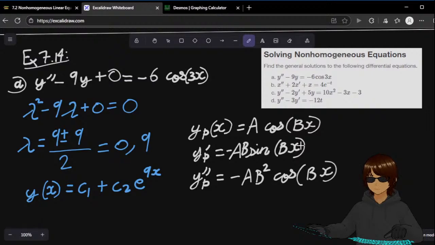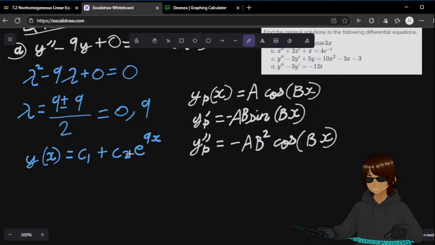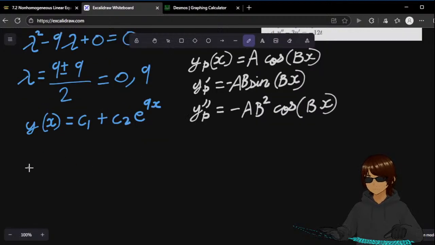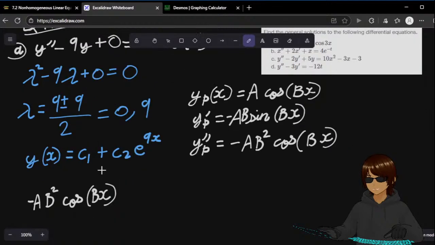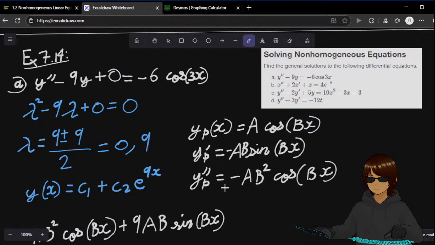Now what? Now, if we put this particular solution back into the equation, we have minus a b squared cos bx. This will become positive 9. And then we have, but the thing is yp is 0. Or is it?